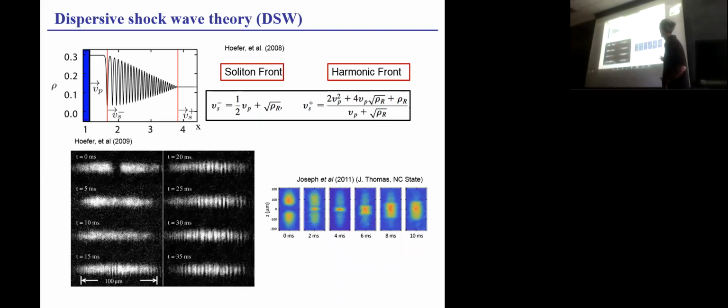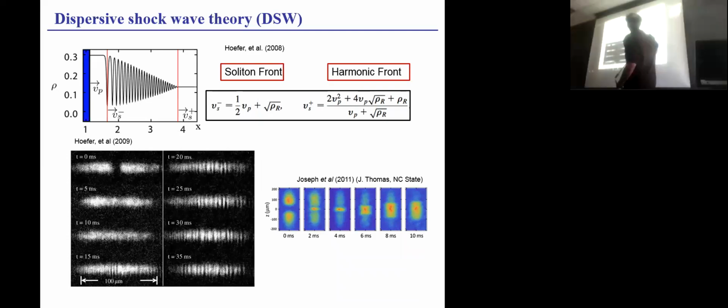Can I ask you, Vs plus, how it compares to the velocity of sound? Square root of rho r. This is the velocity of sound in this unit, the square root of the density. Vs plus.